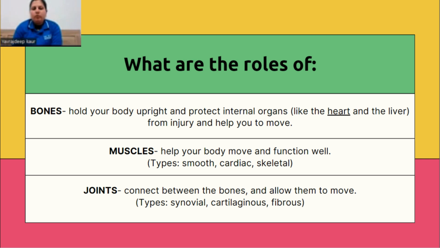Muscles help our body move and function well. Muscles can be smooth, cardiac, or skeletal muscles. Joints basically connect the bones. When two or three bones connect, that makes a joint and allows our body to move. The joint can be a fibrous, synovial, or cartilaginous joint.